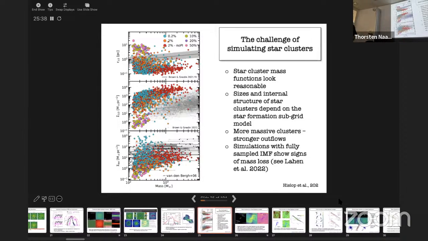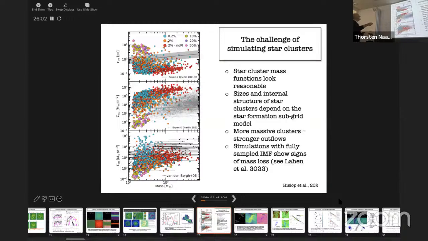But now, if we track the star clusters, and this is work by Jessica Hislop, and plot them on observed relations, the size, half mass density, and total surface density as a function of cluster mass, you see it's not great.